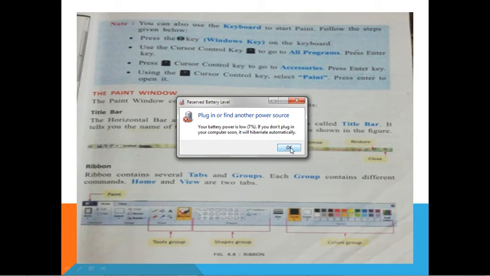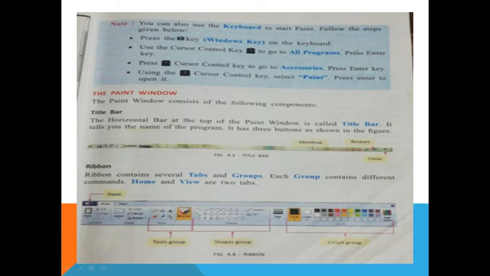You can see this also easily. Ribbon. You know the ribbon. Every time you are using it for your work. The ribbon consists of several tabs and groups.